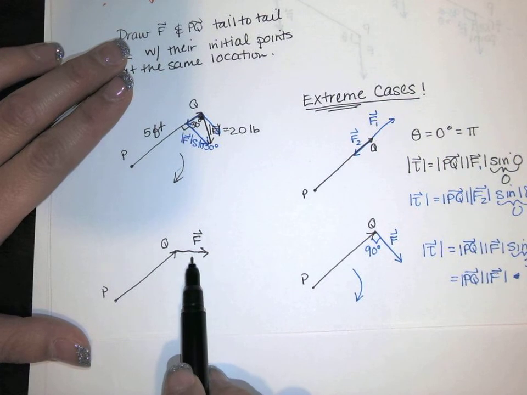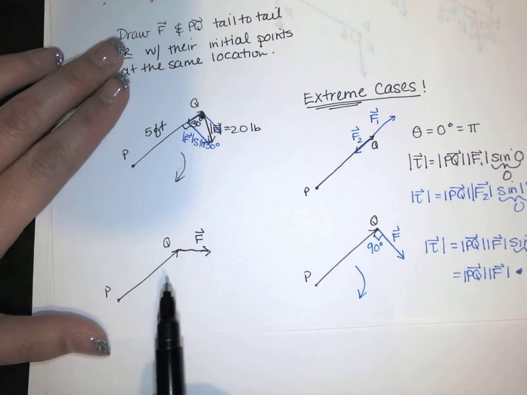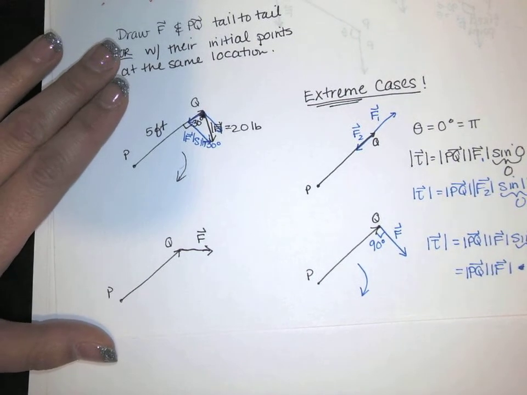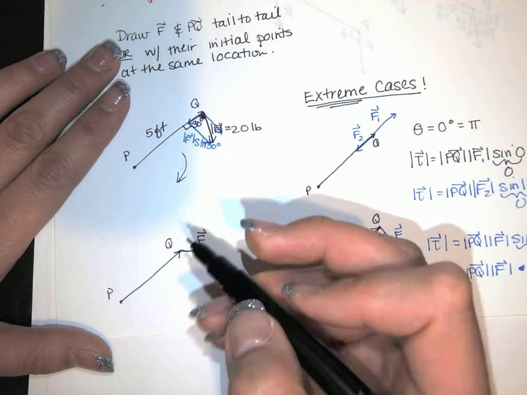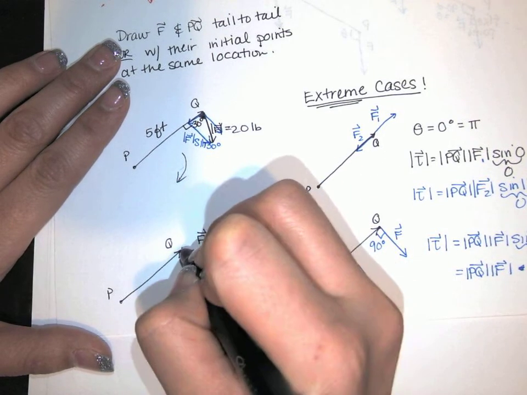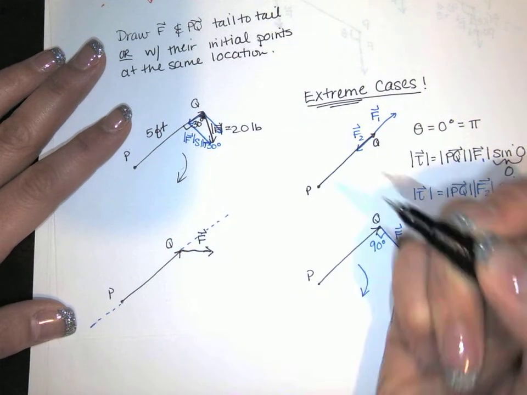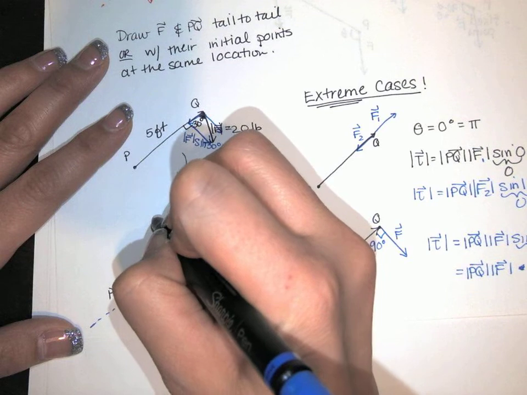There's part of the force that is a waste of energy, and part of the force that's actually doing the work, part of the force that's actually leading to the rotation. The part that's leading to the rotation is the part that's perpendicular to PQ. So let's split this up into two parts. One parallel to PQ, so that's the projection of F onto PQ, and then one perpendicular to PQ.